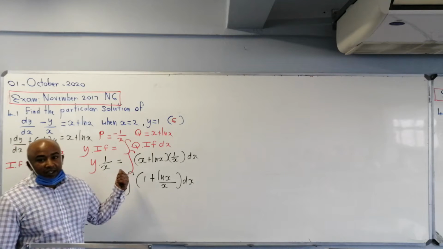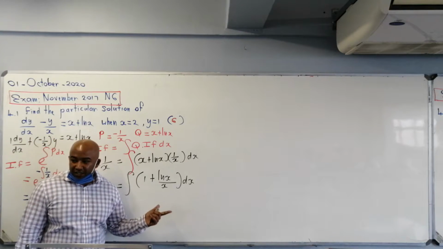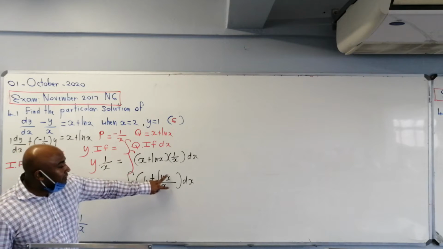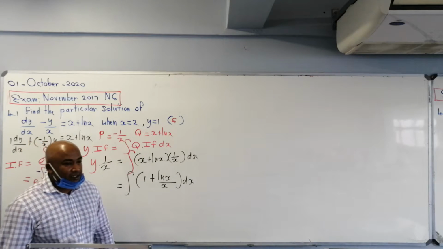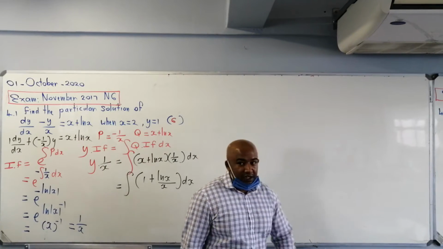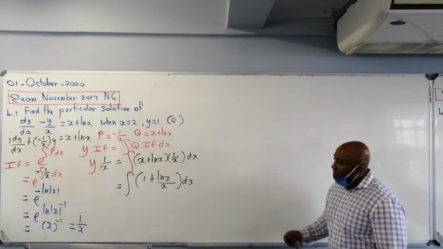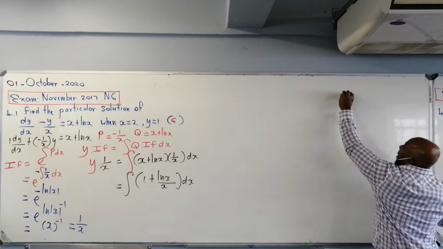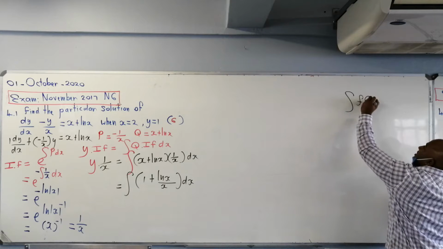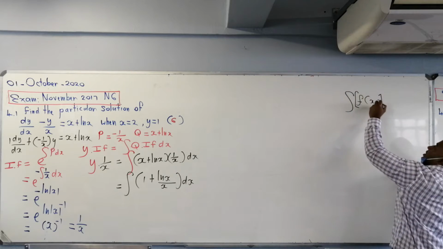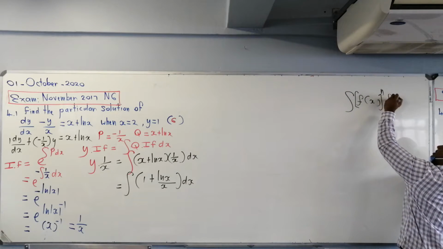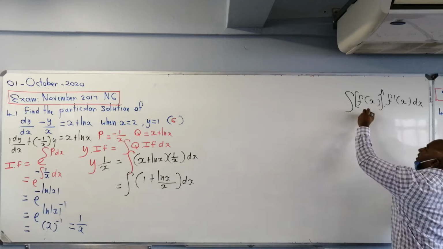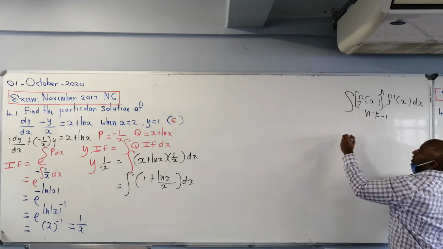So now we are dealing with integration only. We will integrate 1, and then we need to integrate ln x over x. Now, ln x divided by x, let me just show you what's going to happen here. In that case, we have the integral of f of x to the power n times f prime x dx, where n must not equal negative 1.